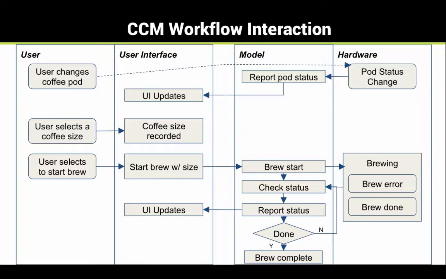So if we think about this in the context of what we're talking about here, is there a pod inserted or not? Am I brewing or am I not? Right? What is the progress of my brewing? These are the things that your state model is interested in, and you'll notice that for the most part they are all headless. They can be represented by some form of visual presentation, but they are core data, right?